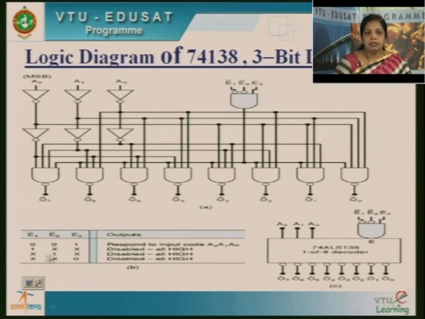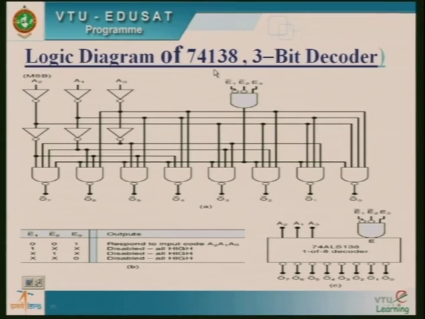Suppose other than this you give any of these combinations, this decoder is disabled. So this is the logic diagram of 74138, that is nothing but a 3:8 decoder with 3 enable pins, 3 input pins and 8 output pins. So this is a 3-bit decoder.